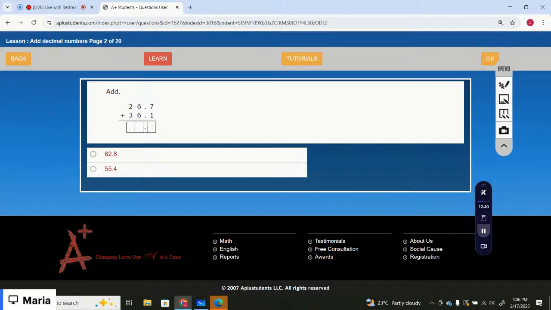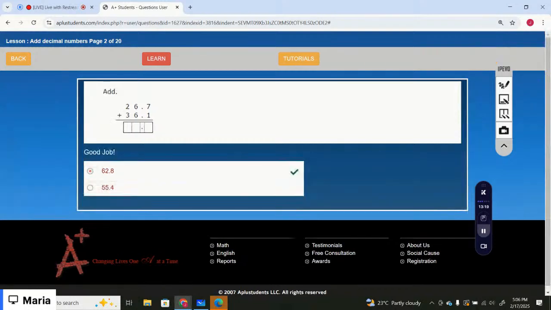So which is the correct option? Option number 1 is the correct option, that is 62.8.